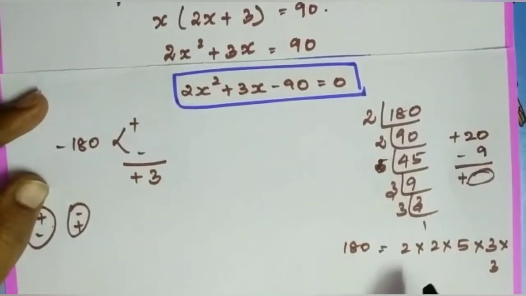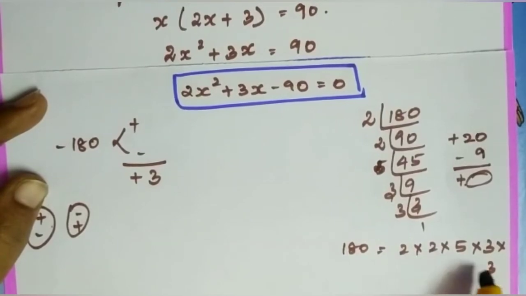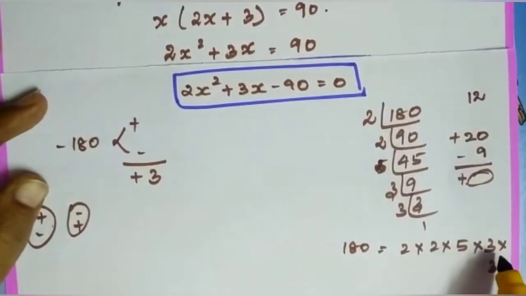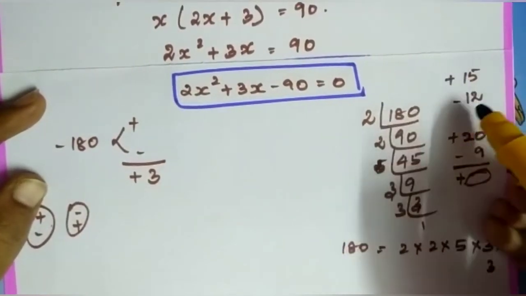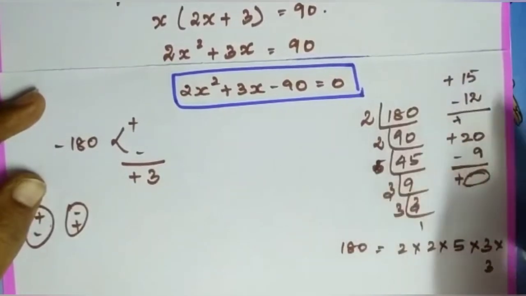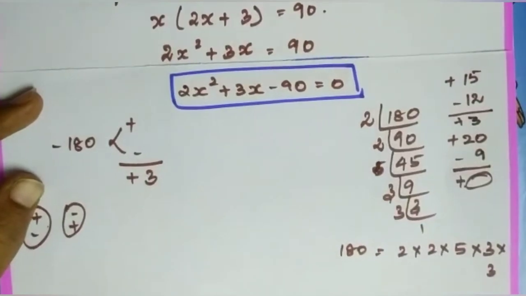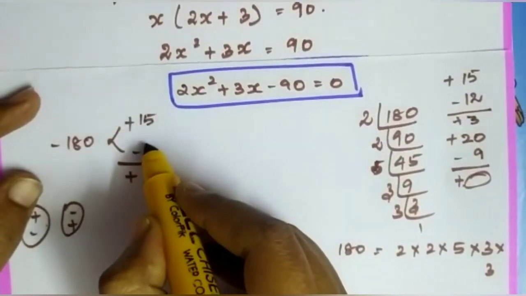Then go with some other numbers. 2 twos are 4, 4 threes are 12, and 5 threes are 15. The bigger number is positive, the signs are different, so you subtract, then you will get 3. Yes, we got it. So plus 15 and minus 12.